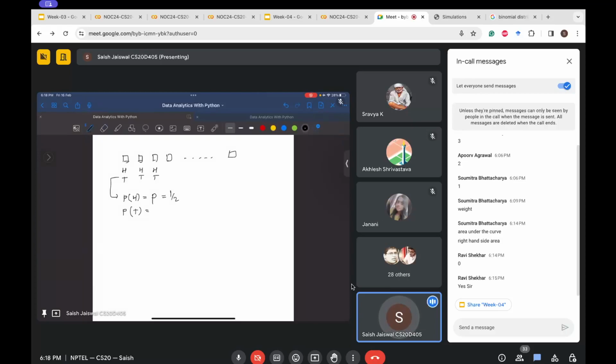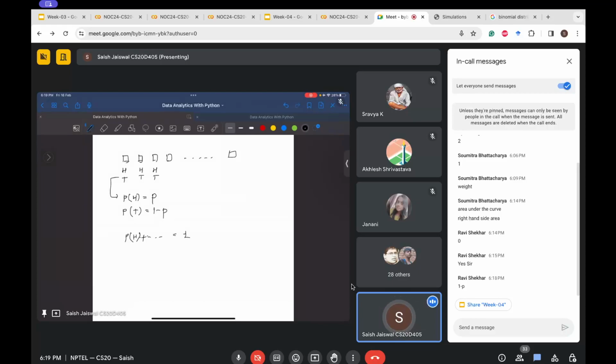So what will be the probability of tail? Say it is not an unbiased coin. P can be anything between 0 and 1. So what will be the probability of tails? 1 minus P, exactly. Because by definition of probability, the sum of all the events should be equal to 1.